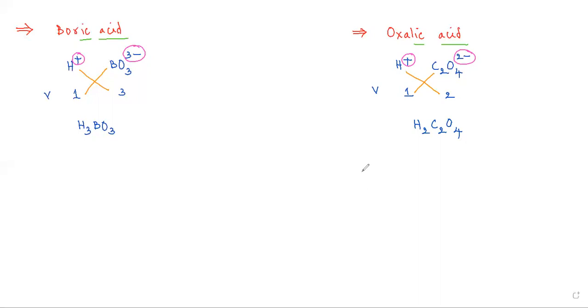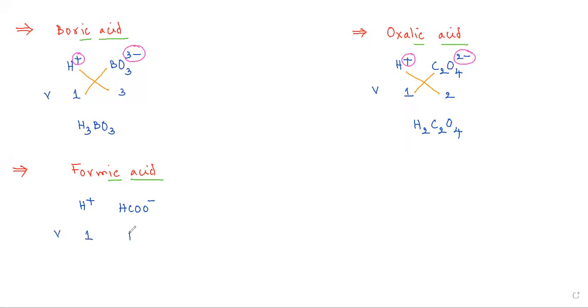Next. Supposing you are asked to write the formula of acetic acid or say formic acid, because we have already taken the acetate ion, let us consider the formate ion now. Again, ic acid. You know the formula of the formate ion is HCOO minus.